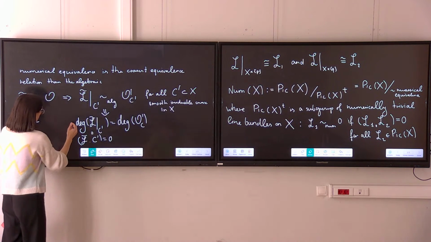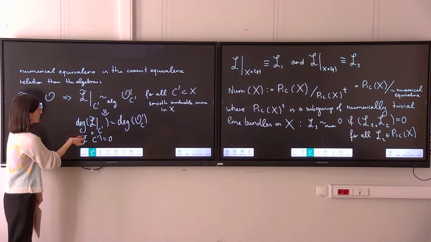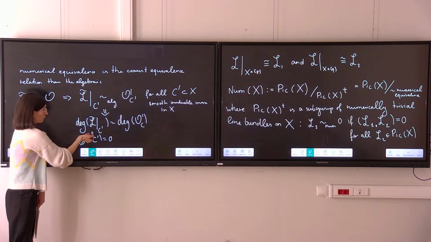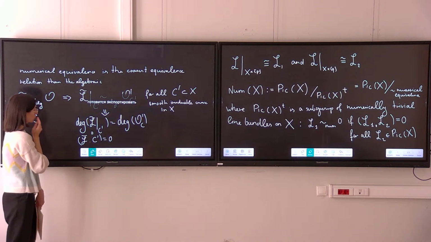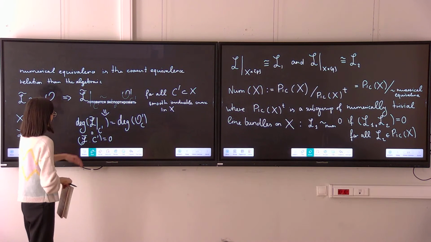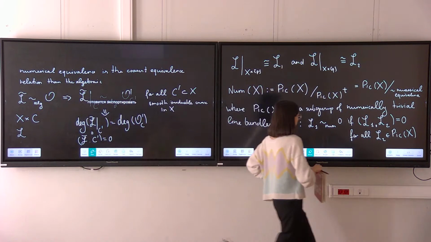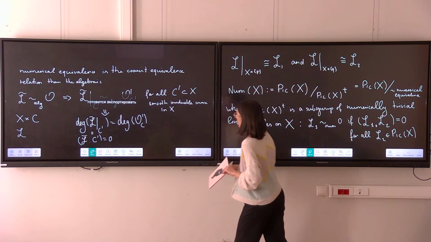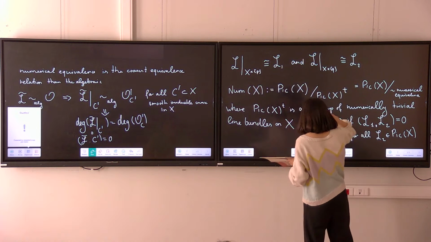And in a complex setting, we will discuss why algebraic equivalence means an equivalence of degrees. I will explain this in a complex setting later. Okay, and now what should I say next? Okay, yes.